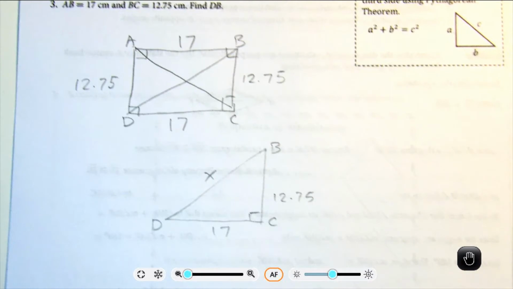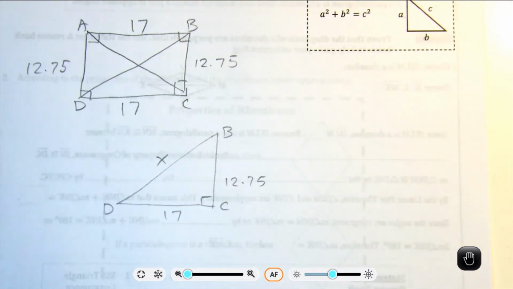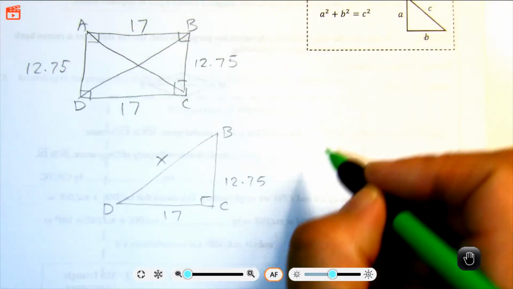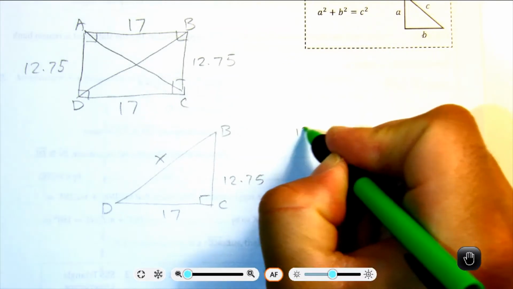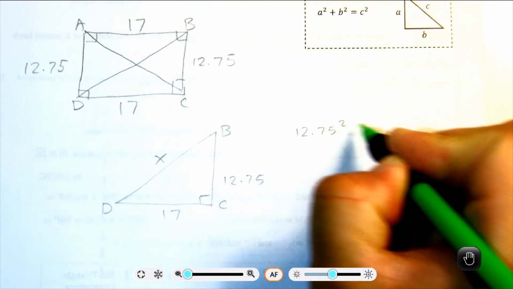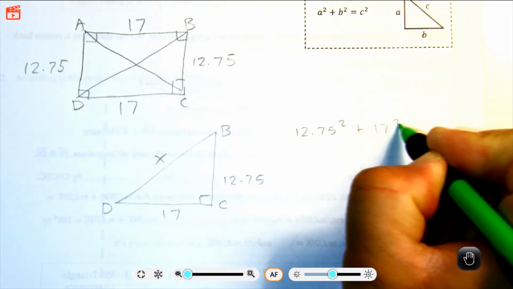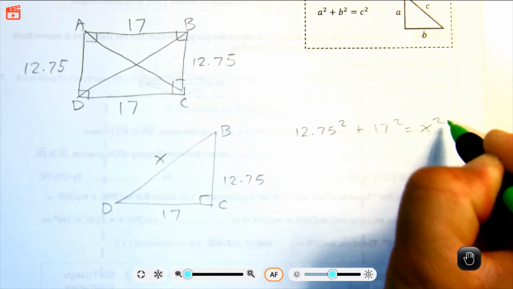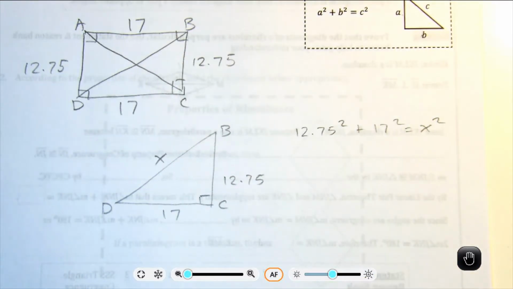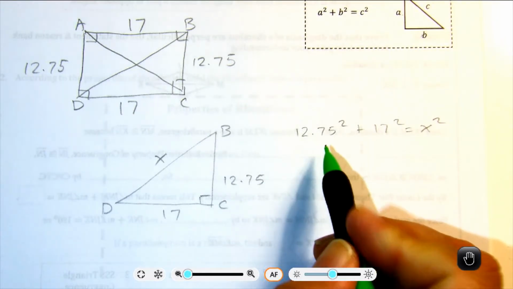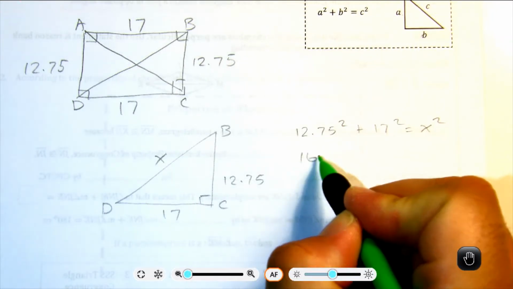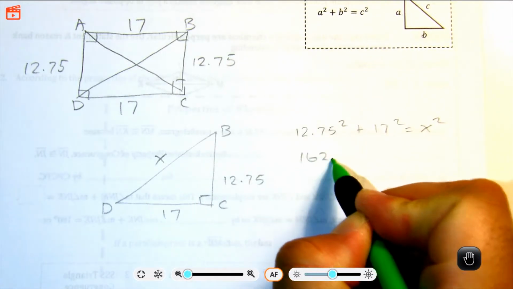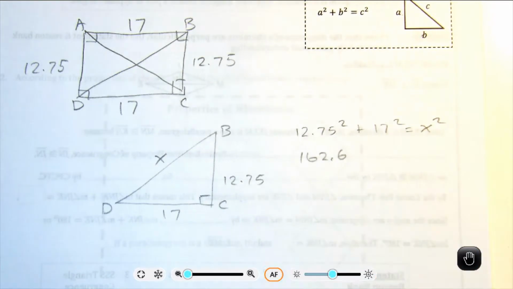Then using the Pythagorean theorem, I'm going to have 12.75 squared plus 17 squared is equal to x squared. So 12.75 squared becomes 162.6. 17 squared is 289.